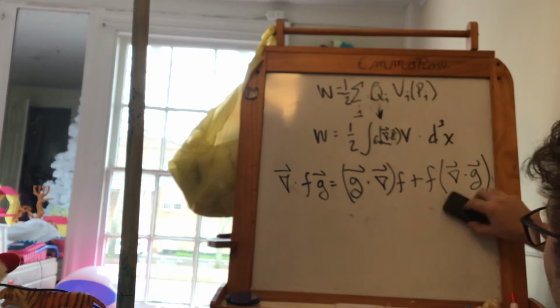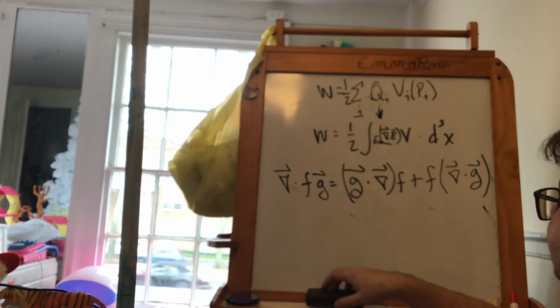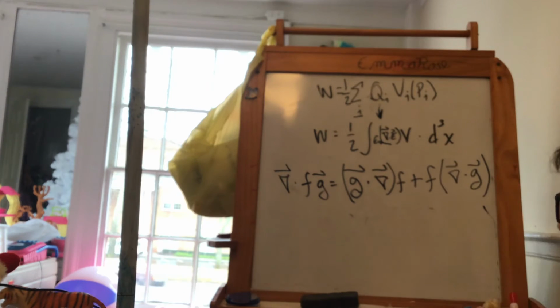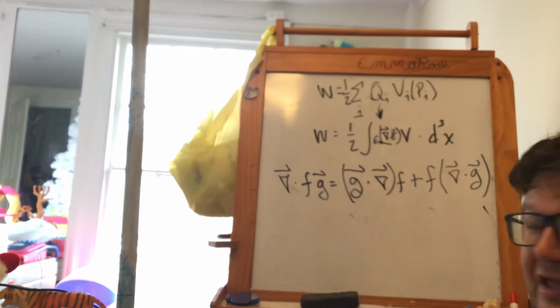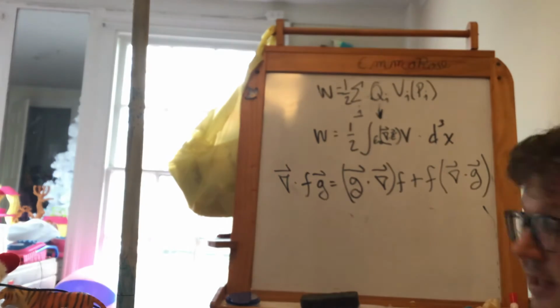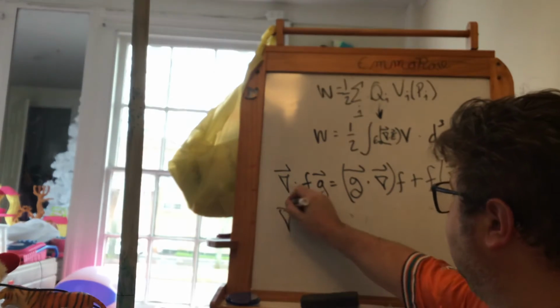All right, remember that F is a scalar and G is a vector. So if I call my scalar V and I call my vector E, I get the following.